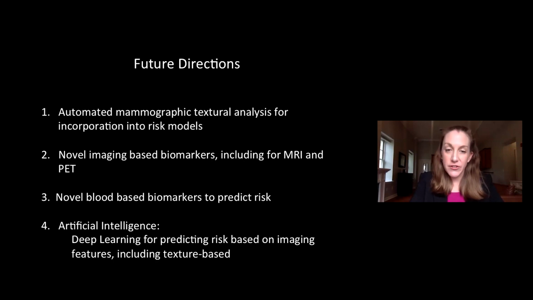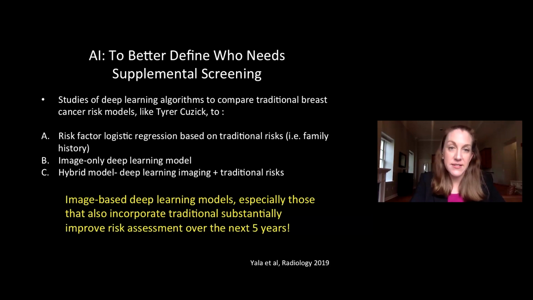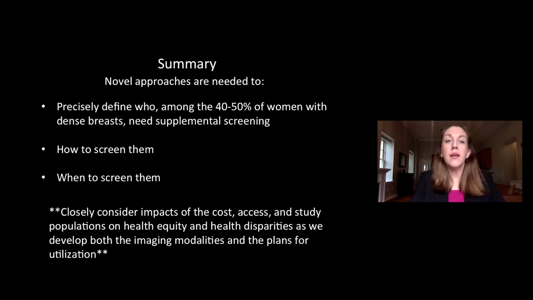And lastly, artificial intelligence will likely be a key player here, as deep learning models for predicting risk based on imaging, including texture features, are already very promising. Studies of these deep learning algorithms compared to the traditional breast cancer risk models like Tyrer-Cuzick show that image-based deep learning models, especially those models that can also incorporate traditional risk factors, substantially improve risk assessment over 5 years.